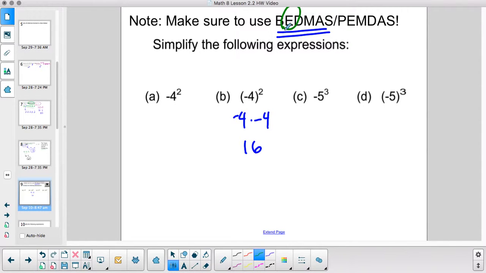Because exponents come before multiplication, we have to first think about 4 squared, and then there's a negative in the front. And same here, we have to think about 5 cubed, which is 125, and then there's a negative in the front.